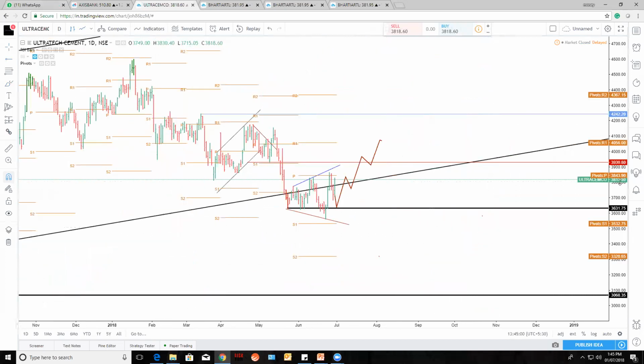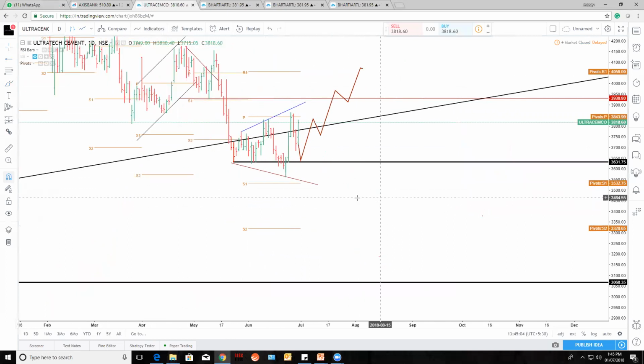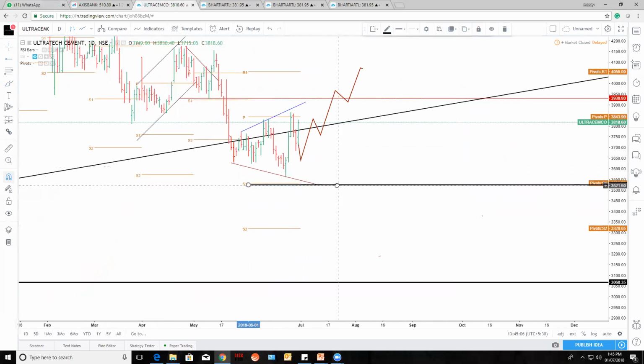That's good. So to sell, at the minimum, it should cross this level. In Ultratech, that is 35.30.